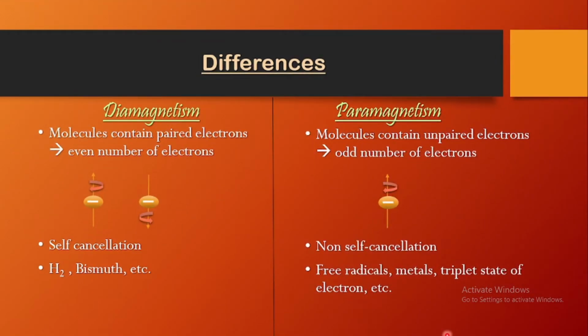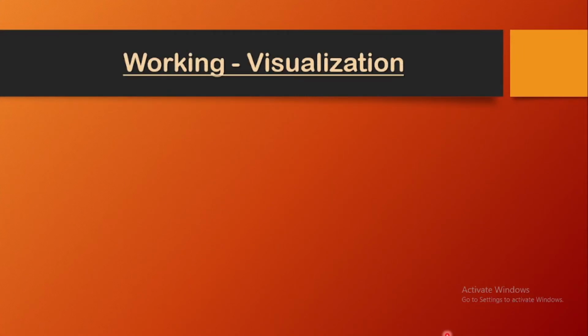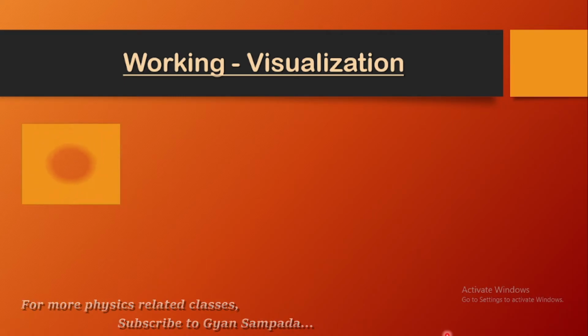So this is the introduction or the working principle based on which we can distinguish between two different types of materials. Now, in order to visualize how it actually works, let us make use of some diagrams so that visualization becomes easier. For that, let us consider an ESR chamber where all this phenomenon is going to take place.